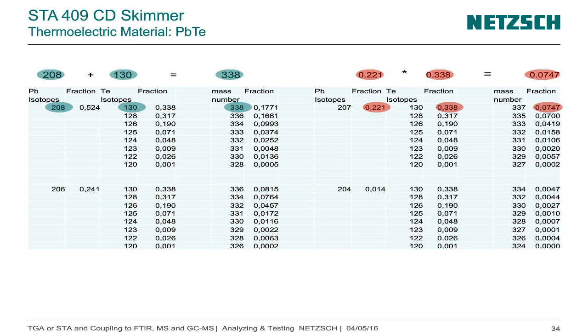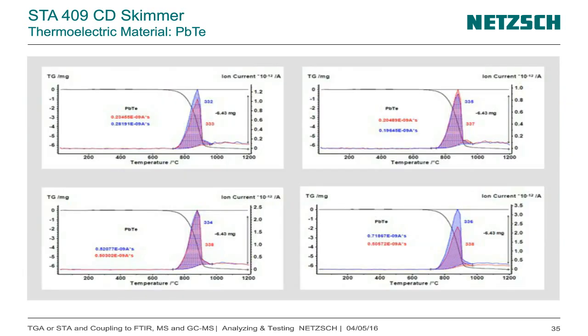And these are then mass numbers where you can think about which mass numbers to look into at the MS spectra. Here you see 4 pictures with always 2 mass numbers, with the 302 and 332, 333, and with all areas.